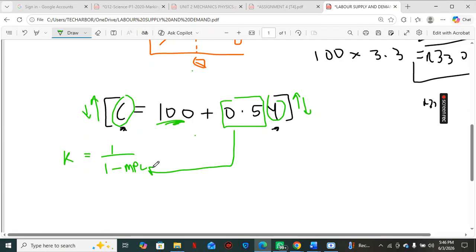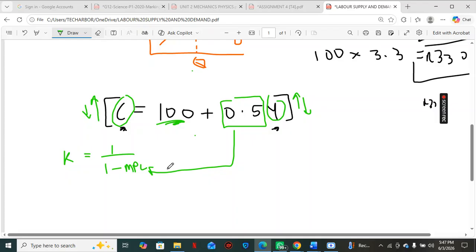It is how likely you are to spend your money when you get it. A marginal propensity of 0.5 means if you get one kwacha, you're going to spend 50% of that one kwacha, which is 50 ngwe. Every time you get money, you're going to spend 50% of it.